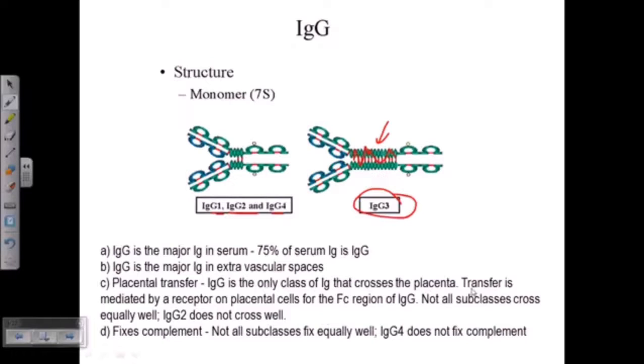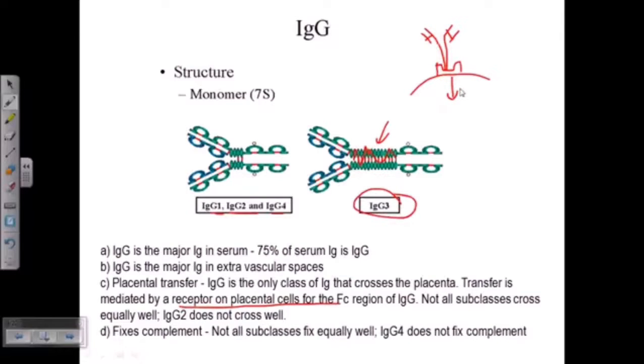So how does it transfer through the placenta? Because the transfer is mediated by the receptor on placental cells for the Fc region. So if we consider this is the receptor of the placental cell, here it is the IgG receptor, like that. Now IgG just goes there and sits onto this receptor. As a result of this receptor binding, it will be internalized, right?